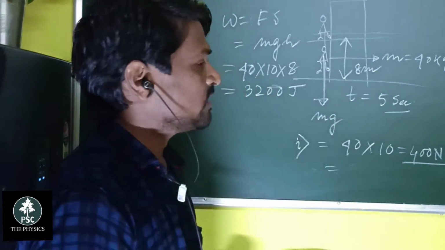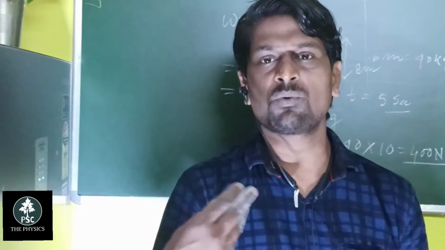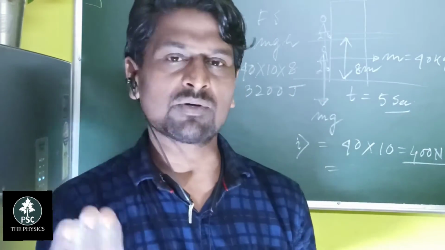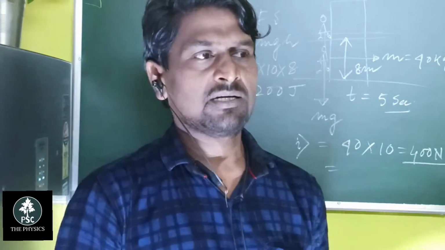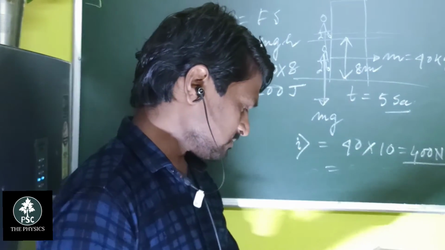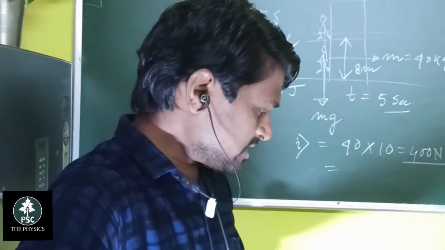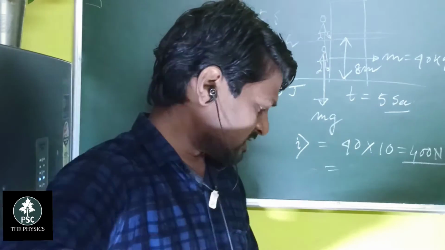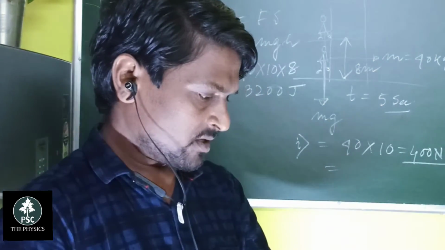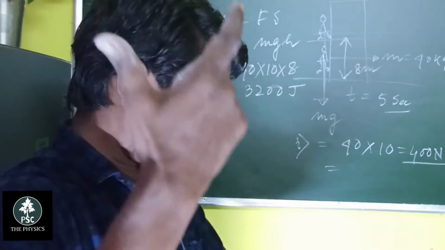If it is asked what is the work done by the gravity, then you can say this is also 3200, but in the negative direction. Okay, so against gravity, the boy has to lift himself through some distance on the first floor. And the next one is power spent by the boy.